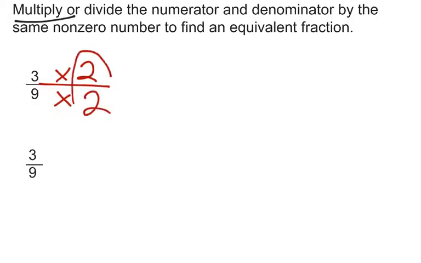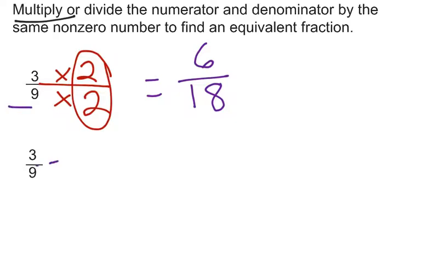And that's because, of course, 2 over 2 is like multiplying it by 1 whole. And anytime you multiply something by 1, it's maintaining the same value. So if I multiply these groups of 2 on the top and the bottom, I have 3 times 2, which gives me 6, and 9 times 2, which gives me 18. So 6/18 is equivalent to 3/9.